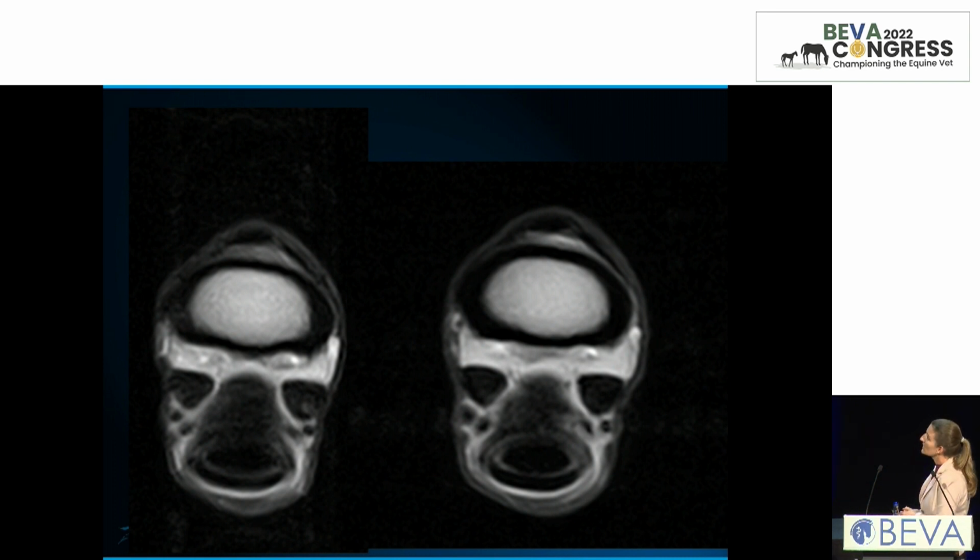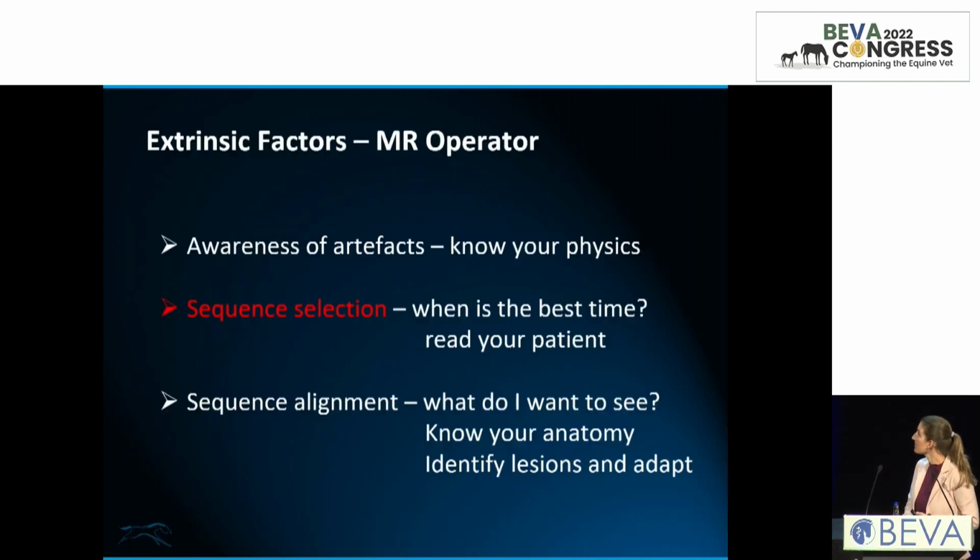So we all can see this hyperintense T2 fast spin echo lesion within the suspensory branch here. Hold on, it's not a lesion, it's just an artifact, because once we switch the phase encoding around, you can see that the branch is actually having a quite normal appearance. So for me, a good MR operator recognizes those things and acts upon it before the horse comes out of the scanner.